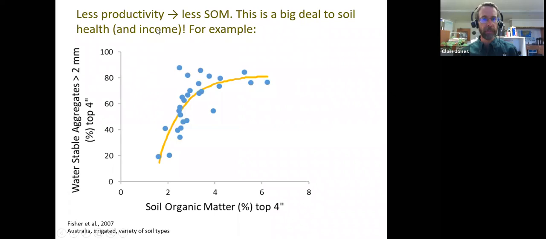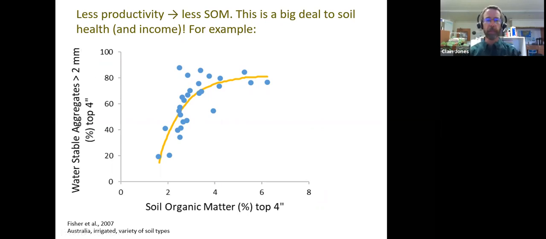So less productivity means less soil organic matter. More productivity generally means more soil organic matter. This is a huge deal to both soil health and income. What I present here is a figure from Australia showing the effects of soil organic matter ranging from about 1.5% all the way up to 6% on what's called water stable aggregates that are greater than 2 millimeters in size.